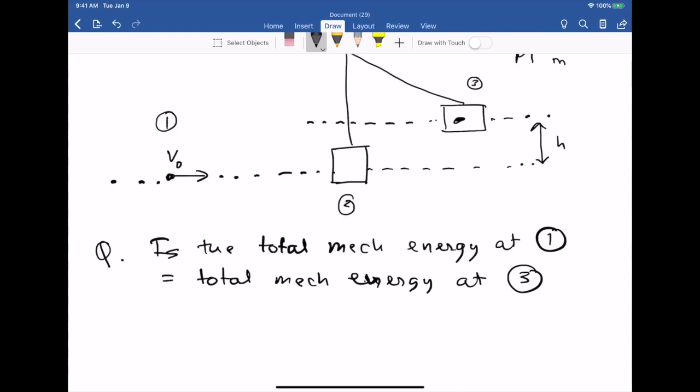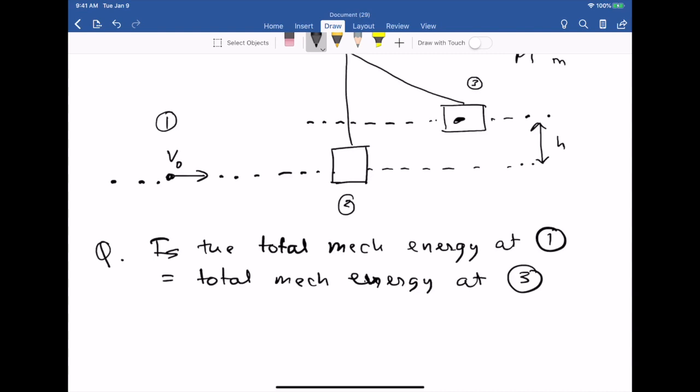What about position number 3? Nothing is moving because both the bullet and the block are at rest at position 3, and both of them have gone up by a certain height, h. So can I say that the total kinetic energy at position 1 equals the total potential energy at position 3?